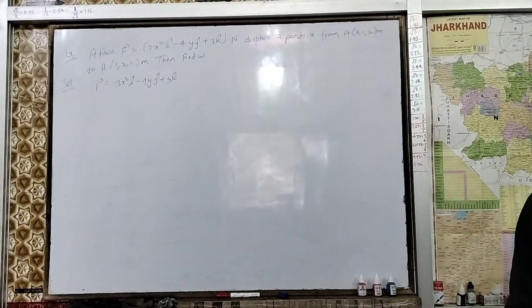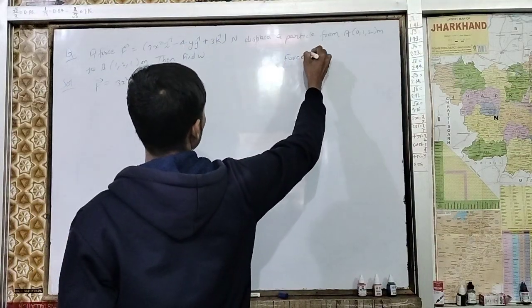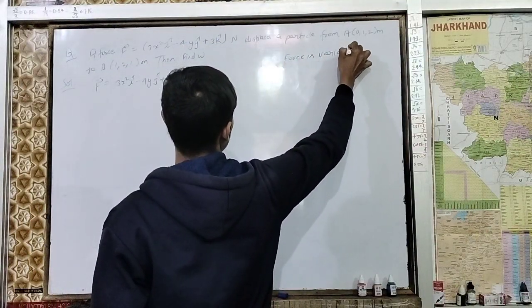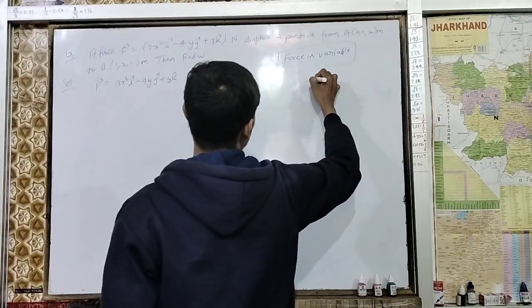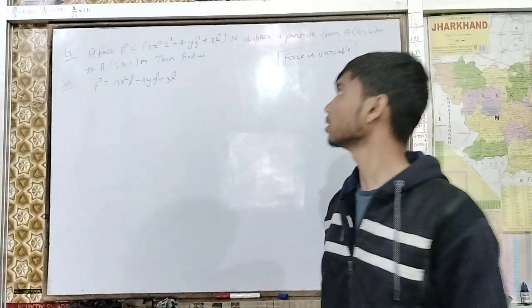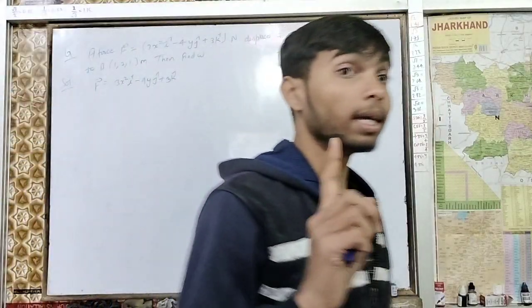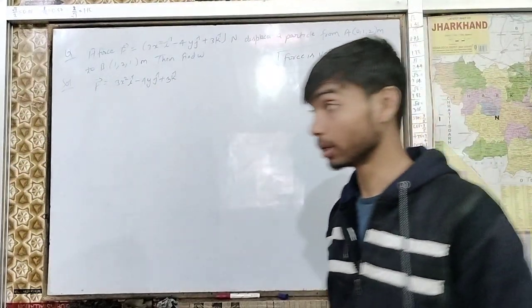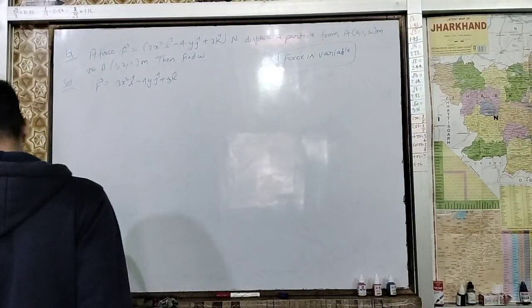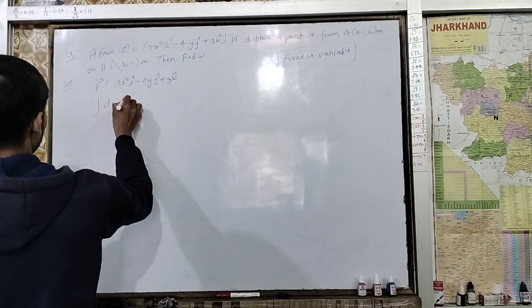Remember, to calculate complete work, if a force is a variable, then you will have to apply calculus, that is, differentiation or integration. If a force is not a variable, you don't need to apply calculus. But we are going to apply calculus, the reason is force is variable.